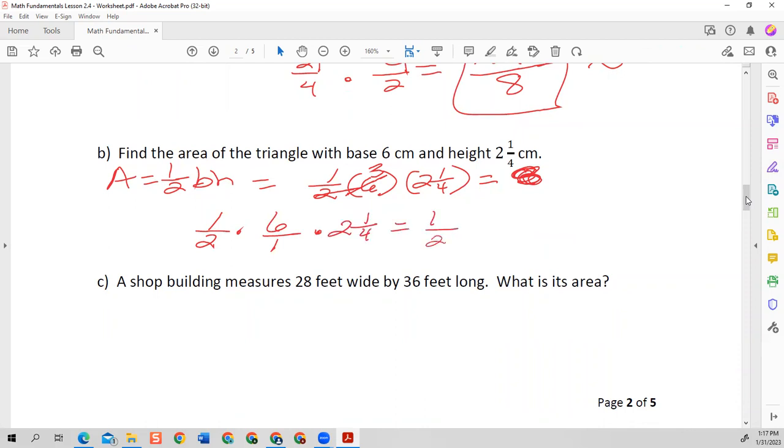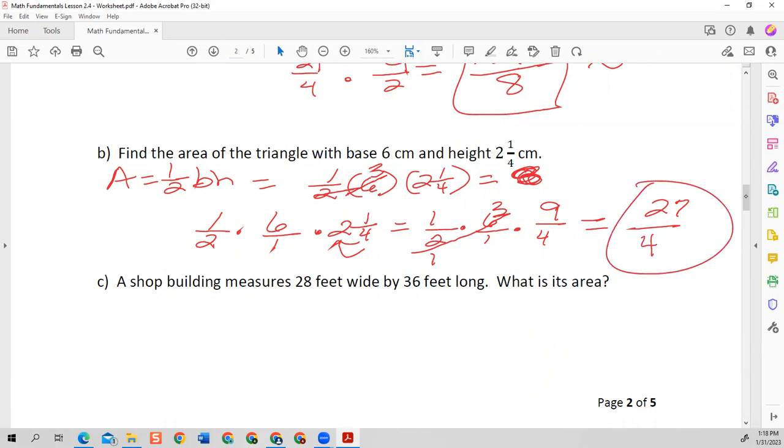Let's rewrite this. Remember, denominator doesn't change. 4 times 2 is 8, plus 1 is 9. Now, if you wanted to do it this way, you could. 2 goes in itself once and goes into 6 3 times. I got 1 times 3 times 9 is 27, over 1 times 1 times 4. And that's my final answer.